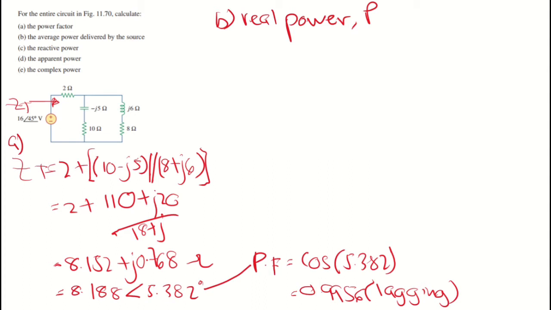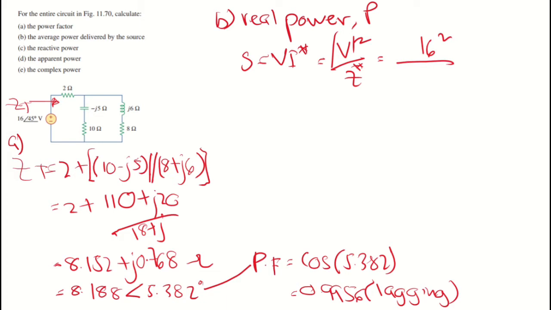To find the complex power S, we can use V I star, or because we already know the voltage and the total impedance, we can use V squared over Z star, the conjugate. For V we just take the magnitude.